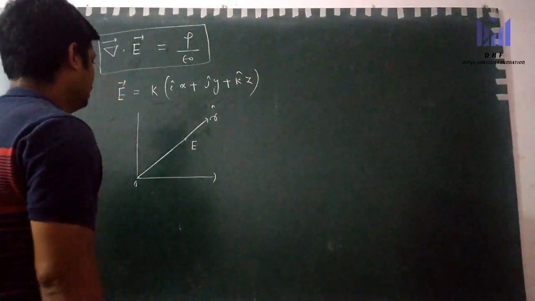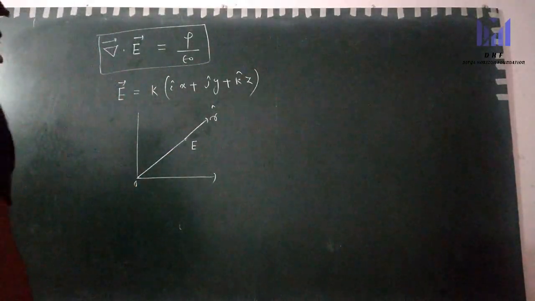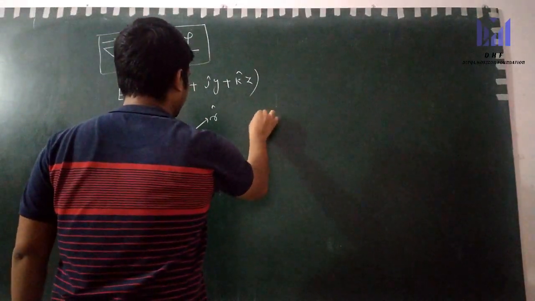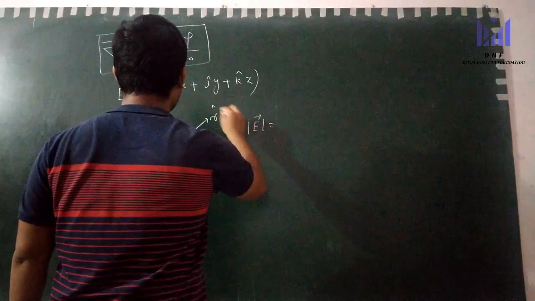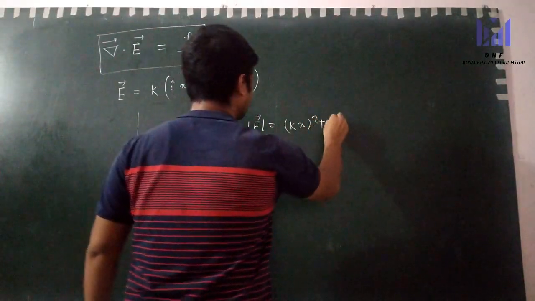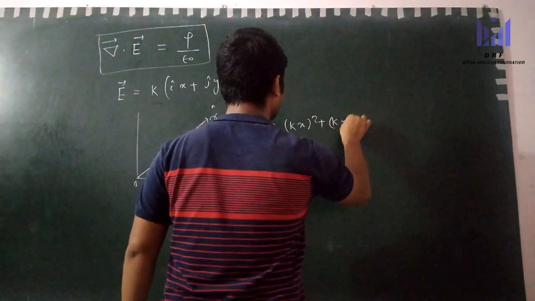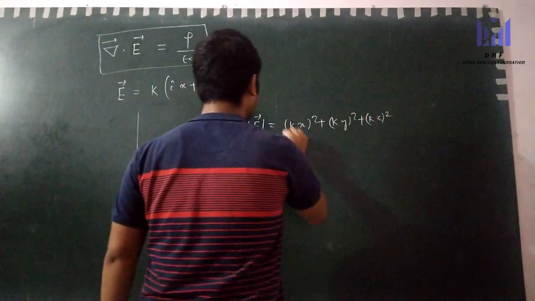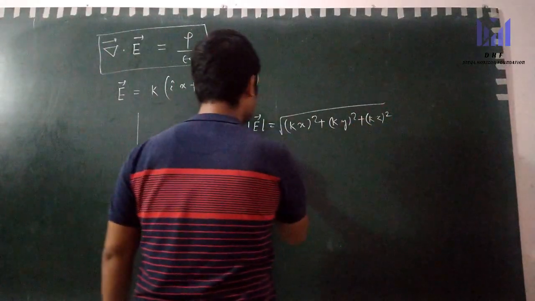Okay, and what is the magnitude of electric field at this point? Magnitude of electric field at this point is equal to square root of kx squared plus ky squared plus kz squared.